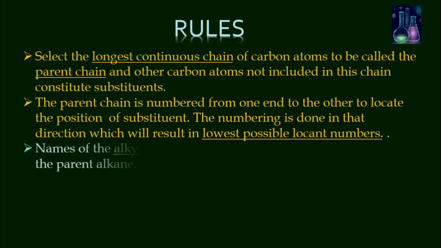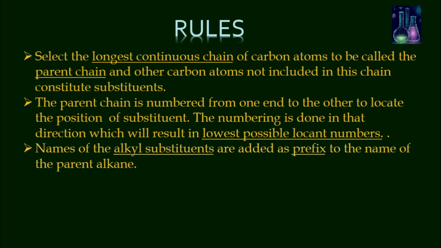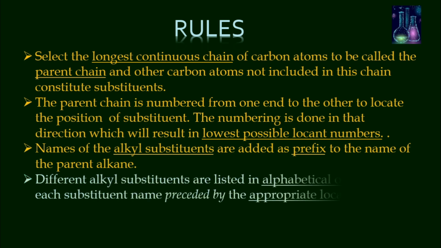Next, the names of the alkyl substituents are added as a prefix to the name of the parent alkane. The different alkyl substituents are listed in alphabetical order, with each substituent name preceded by the appropriate locant number.